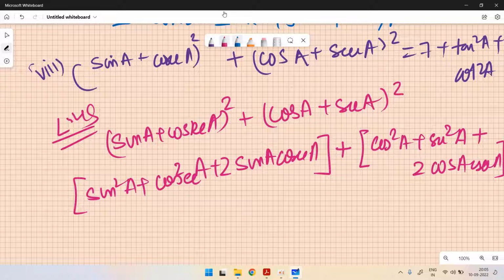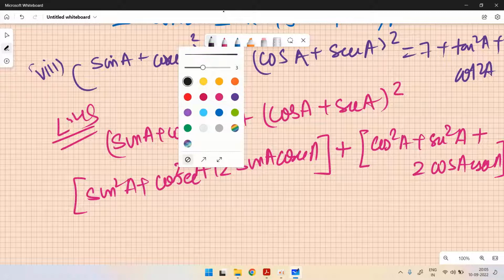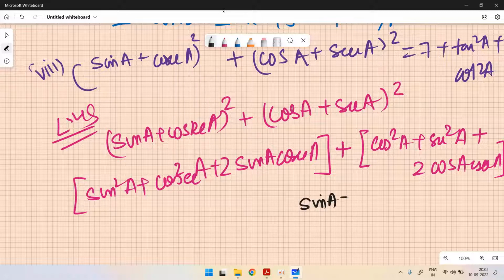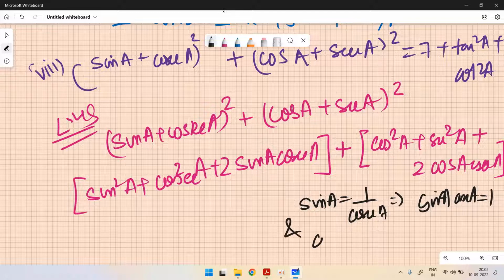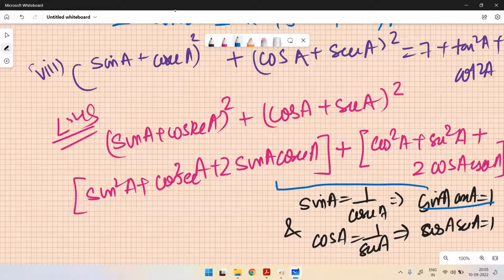Now you know that sine A equals 1 by cosecant A. From here you know that sine A into cosecant A equals 1, and also cos A equals 1 by secant A, which implies that cos A into secant A equals 1.